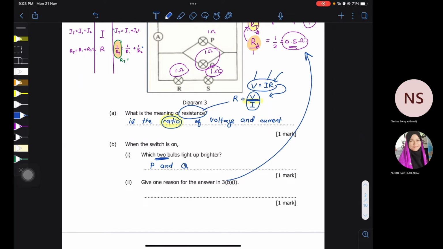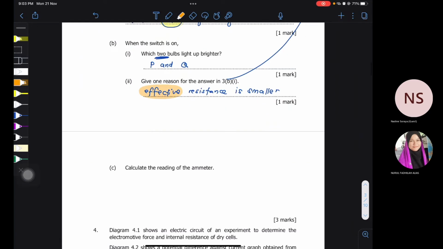So it's because of effective resistance, apa tadi yang kita calculate tadi, is smaller. Kita panggil effective resistance ataupun total resistance lah. Okay, ada soalan? Tak ada.